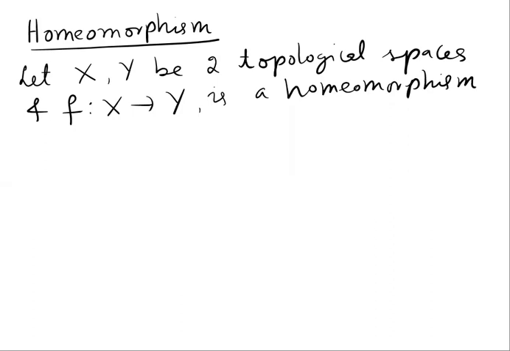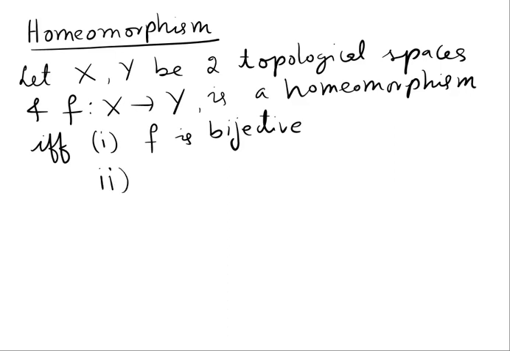A homeomorphism if and only if, number one, f is bijective. What do you mean by bijective? One-one and onto. Second, f should be continuous.